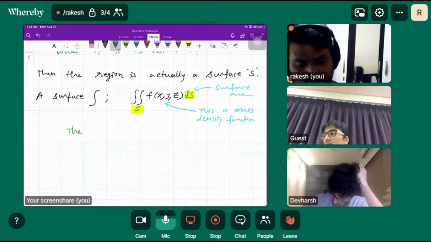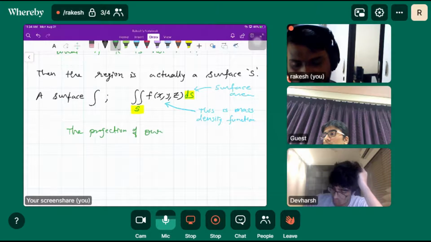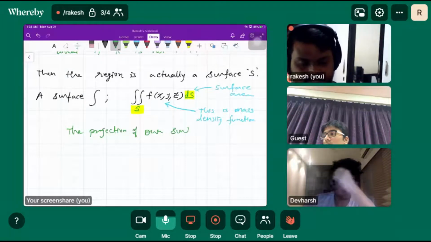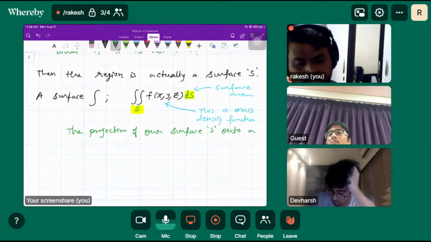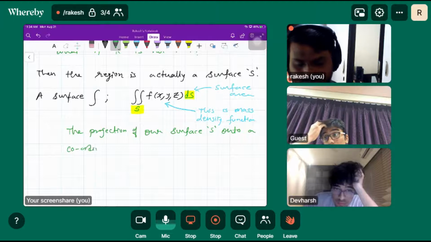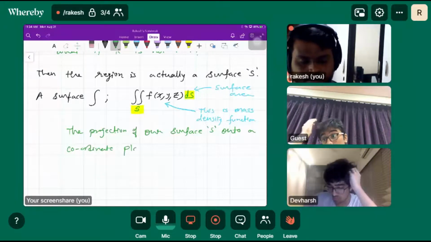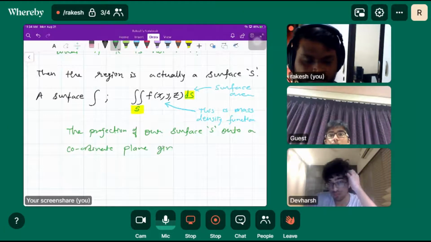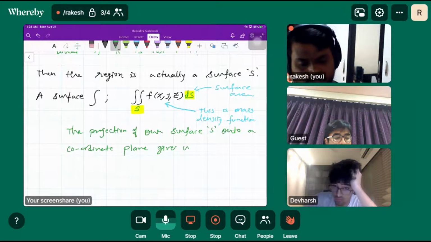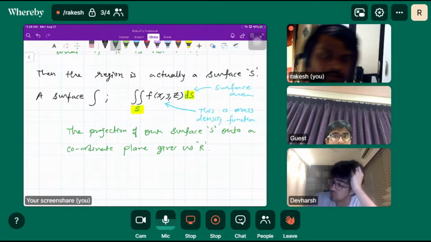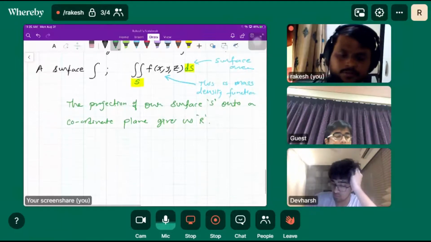The projection of our surface S onto a coordinate plane gives us R.